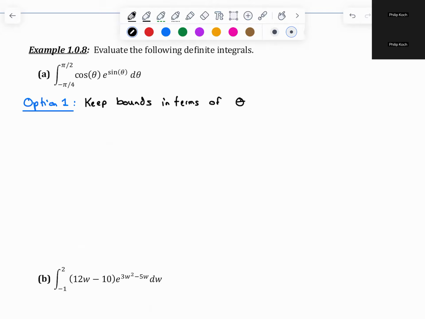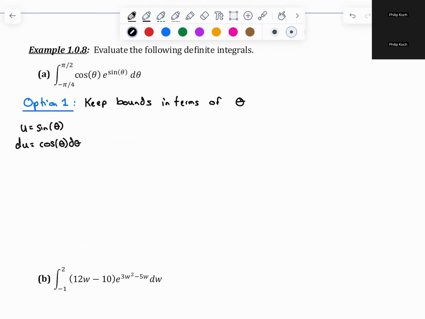If you do so, you're going to make u equal to sine of theta. So that means that du is equal to cosine theta d theta. And this is basically one of the only times where I don't really want to solve for d theta, but I'm still going to do it because that's the way I've always done integral substitutions.